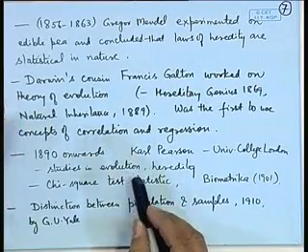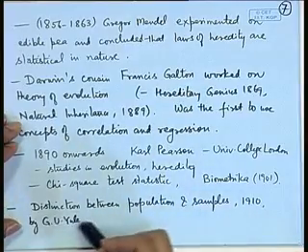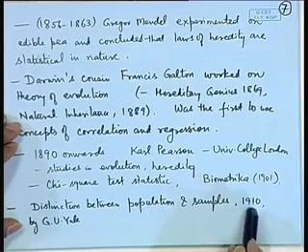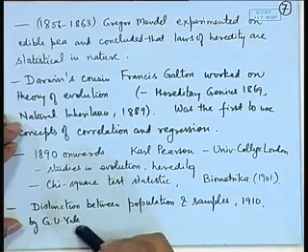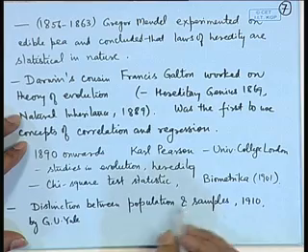Till this time there was still not a very clear-cut distinction between a population and a random sample. That means we are talking about the full population or a subset of the population. There was not much distinction, but it was the 1910 book by G.U. Yule who gave a clear-cut distinction between population and sample.